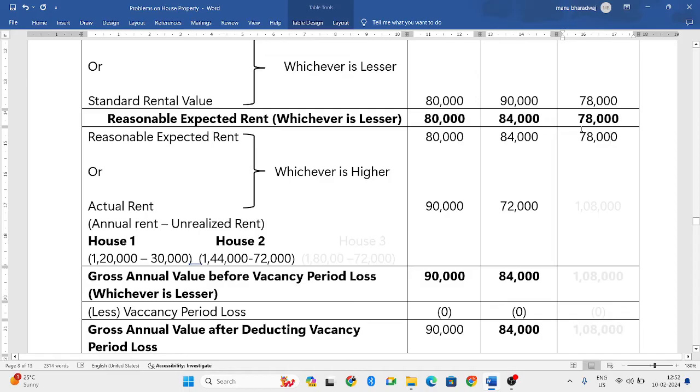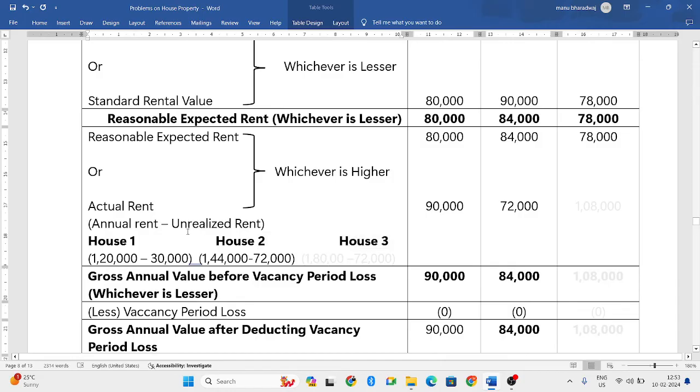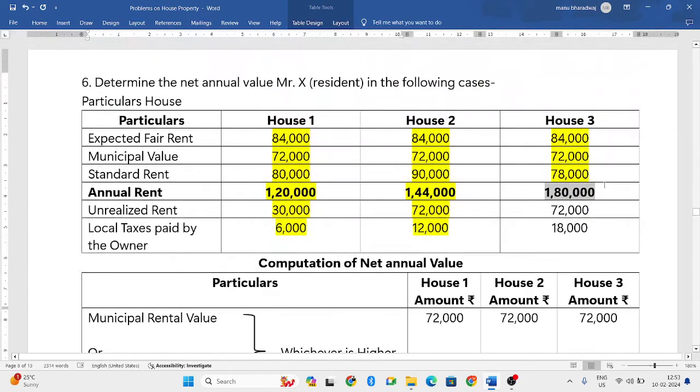The formula to calculate actual rent is annual rent minus unrealized rent. Now we are calculating for house 3. In the question they have given that annual rent is 1,80,000.